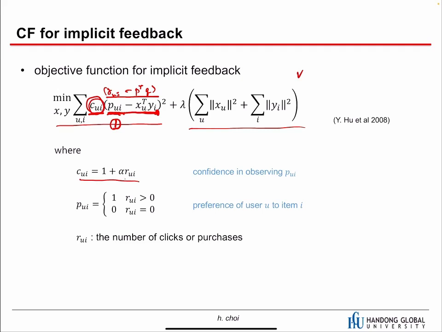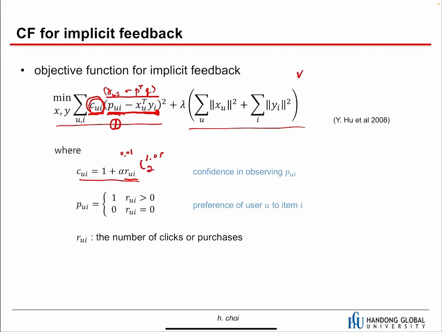Let's say R sub UI is the number of clicks. If alpha is 0.01, and the item has just one click, then the C sub UI will be 1.01. But if the item was clicked 100 times, then the C sub UI will be 2.